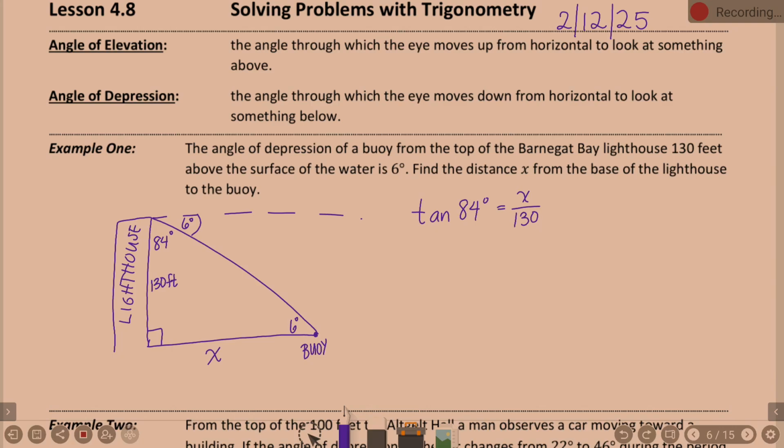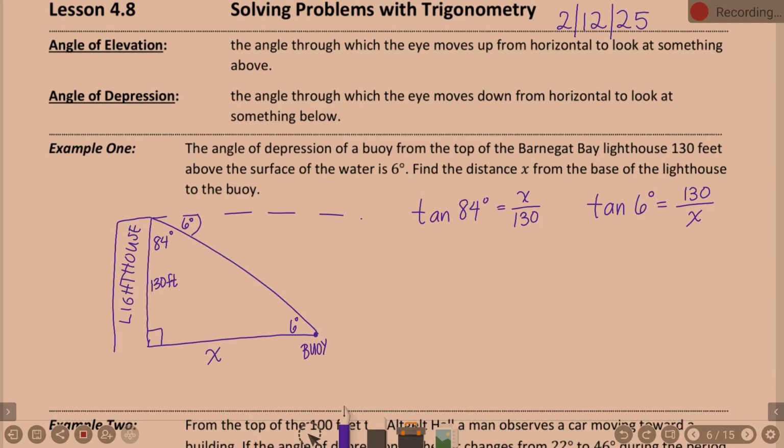Now, I'll be honest. In my notes, I actually used the 6-degree angle. So I said the tangent of 6 degrees. And here's my thing. I didn't find the 84. I didn't do that subtraction. I just used my geometry theorem and said, that's 6, then that's 6. So if we do tangent of 6, then it's 130 over x. You guys remember how to solve? Either way, it's going to give you the same answer, right?